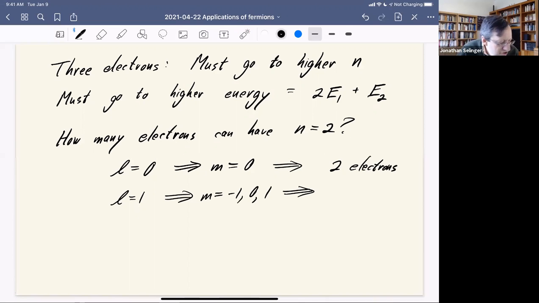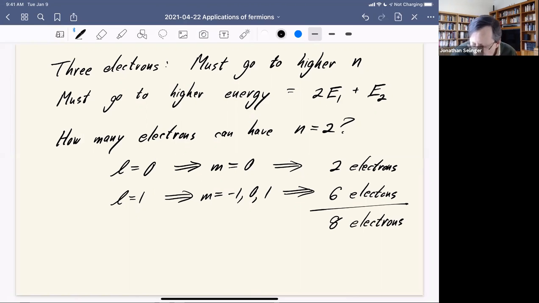And with each of those sets of n, L, M, you can have 2 electrons. So this makes a total of 6 electrons. So adding those, it's 8 electrons, okay? So 8 electrons can be associated with the quantum number n equals 2.